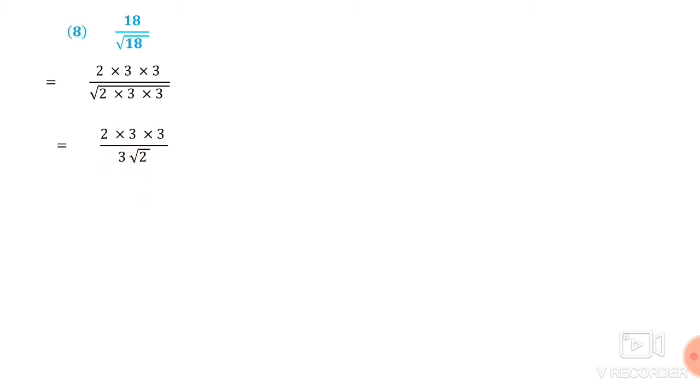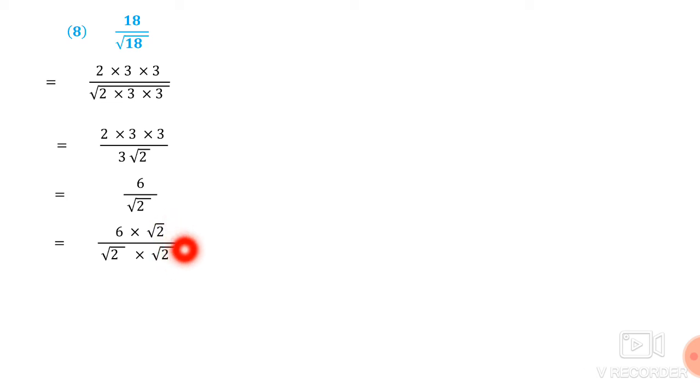This 3 will be cancelled out with the 3 in the numerator, and we will be left with 6 upon square root 2. This 3 and this 3 will be cancelled out, and 2 multiplied by 3 becomes 6 in the numerator and square root 2 in the denominator. Now to remove this square root 2 from denominator, we will multiply numerator and denominator both with square root 2.